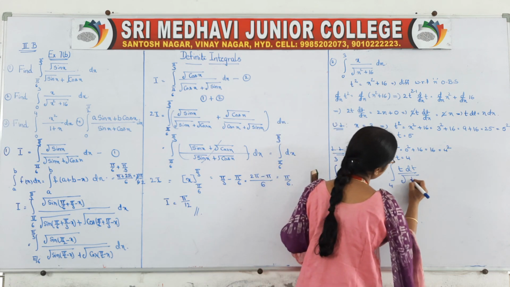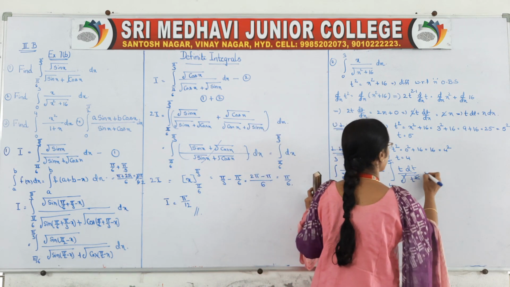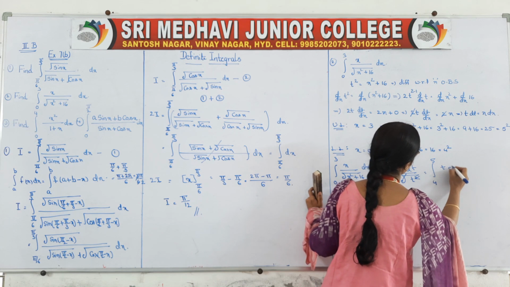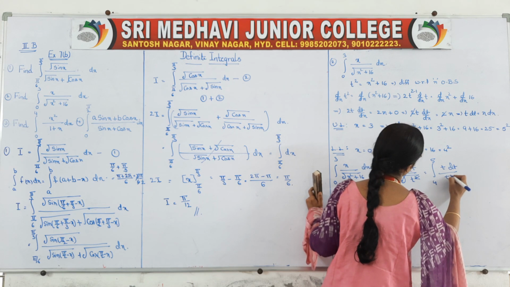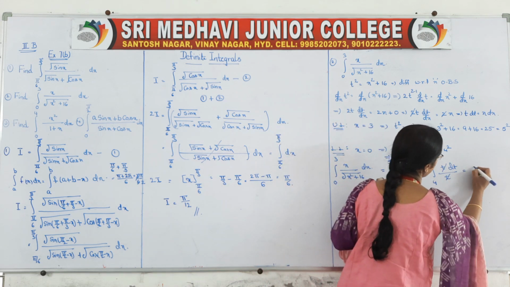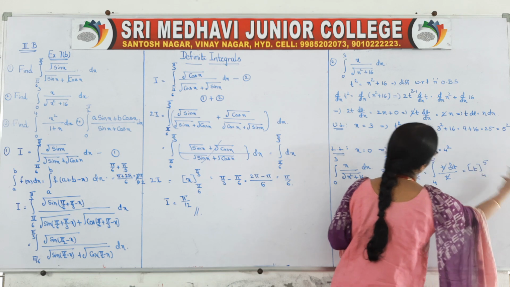This value is t square. So square root cancels, so 4 to 5 t dt by t, t and t cancel. So integral of dt is t, okay, and it is 4 to 5.